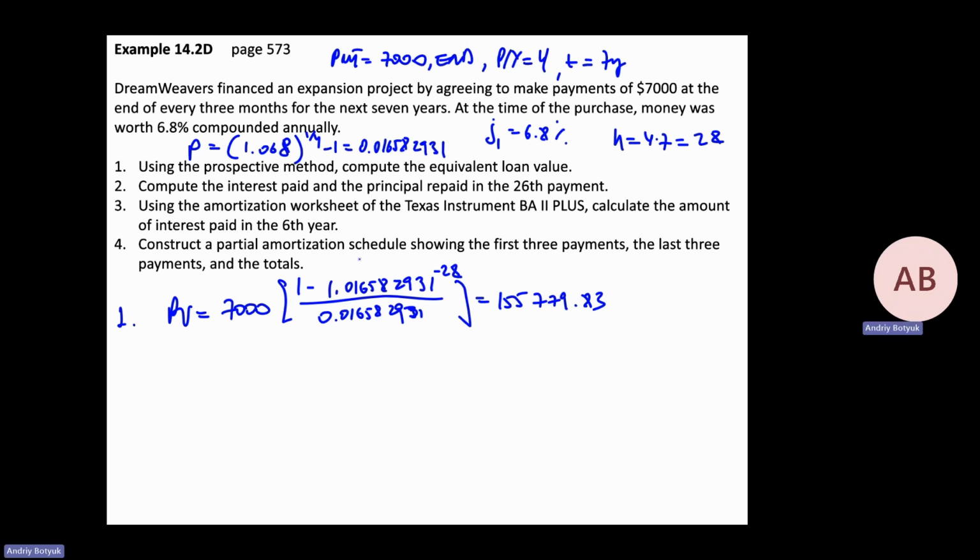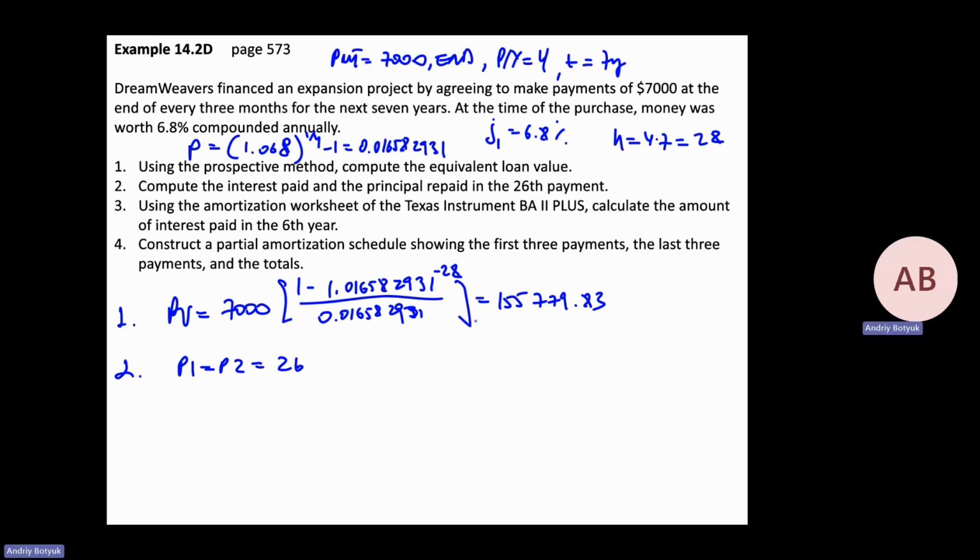But they say use the amortization worksheet for the Texas Instruments calculator. So we take P1 equals P2 equals 26. For that you need to use the calculator to find present value first.